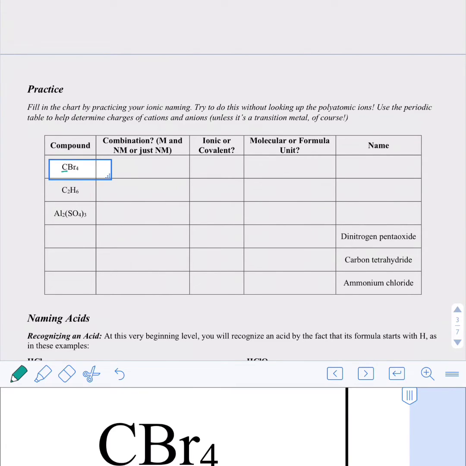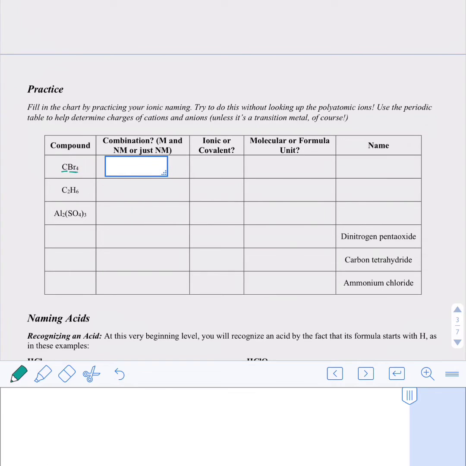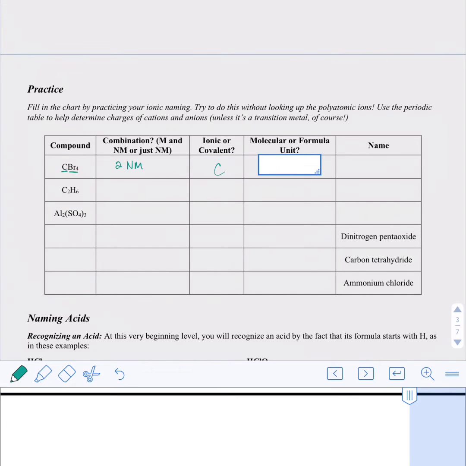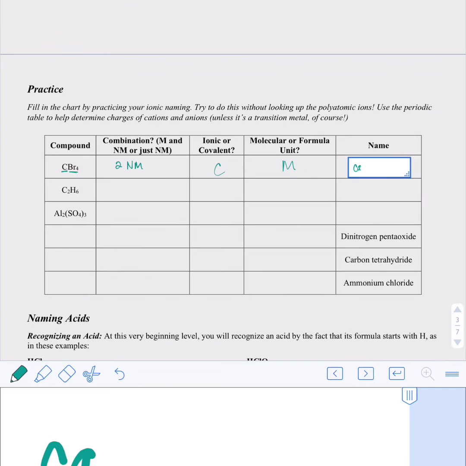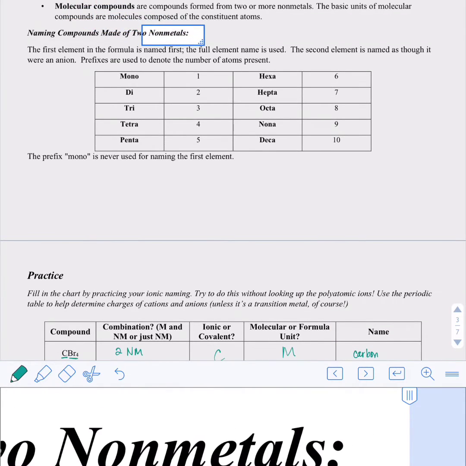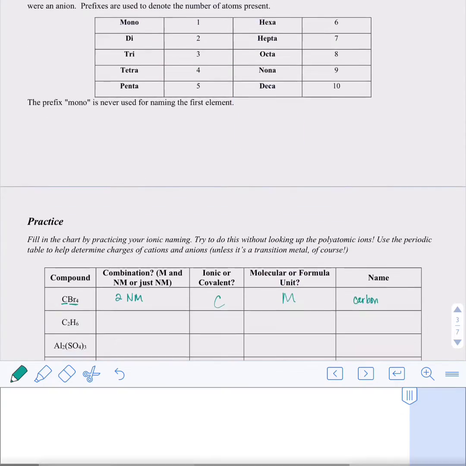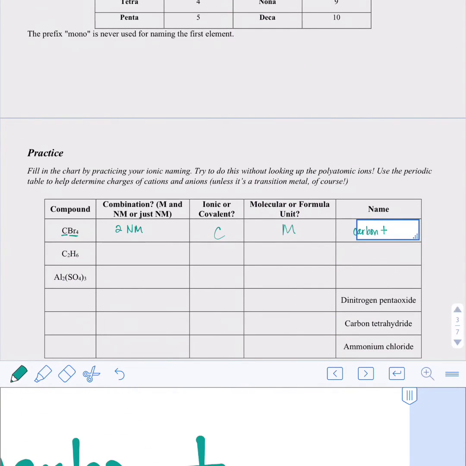Carbon is a nonmetal. Bromine is also a nonmetal. So these are two nonmetals. That means it's going to be covalent, which means it's going to be molecular. And the name is going to be carbon. Because I have two nonmetals, I have to use these prefixes. So carbon tetrabromide.